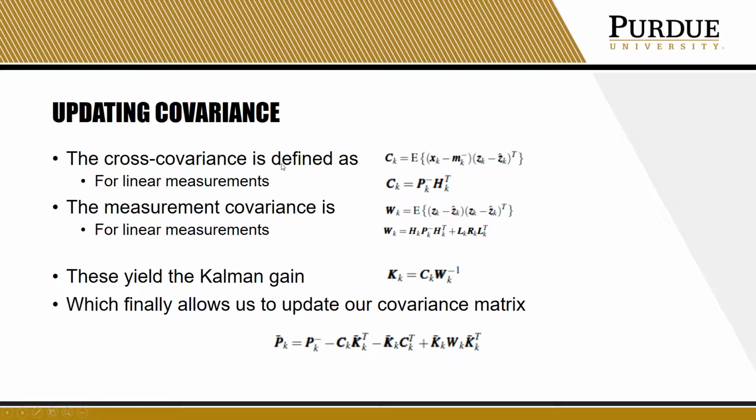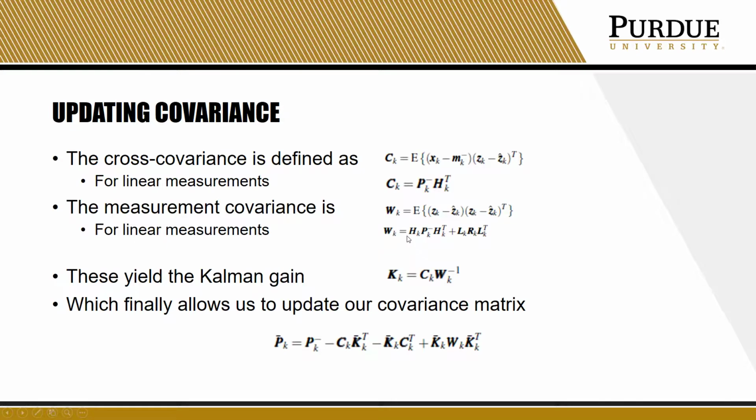So the cross covariance C_k is defined as the expectation of the state minus the mean before updating times z minus z hat of the measurement transposed. For a linear measurement, this simply becomes the covariance before updating times H transposed. The measurement covariance, W_k, is the expectation of z minus z hat times itself transposed.